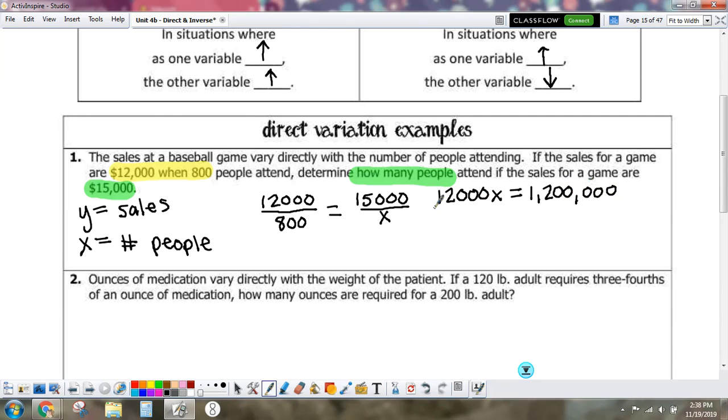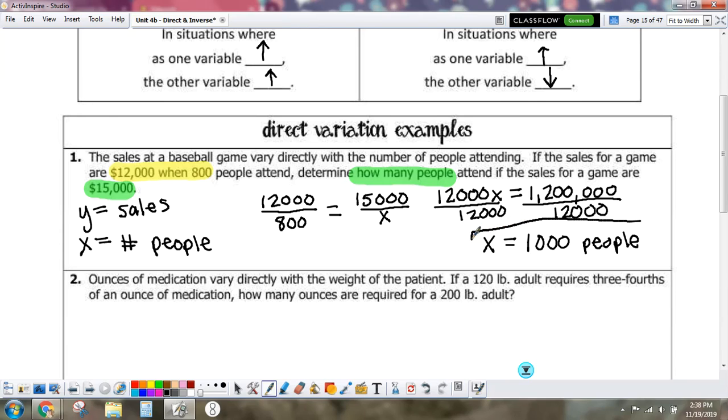And then I can divide both sides by 12,000. And my x is 1,000 people. So in order for them to make $15,000, they need to have 1,000 people in attendance.